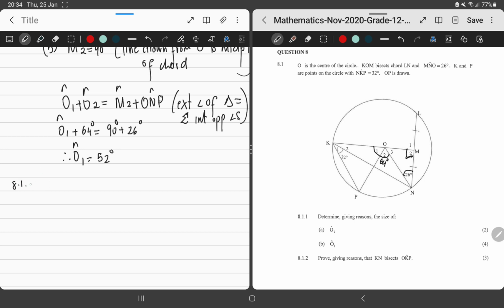8.1.2 Prove, giving reasons, that OKP is bisected by KN. So if I can prove that K2 is 32 degrees as well, then KN bisects OKP.